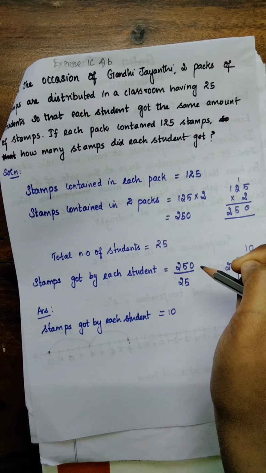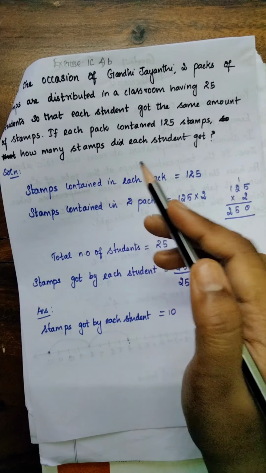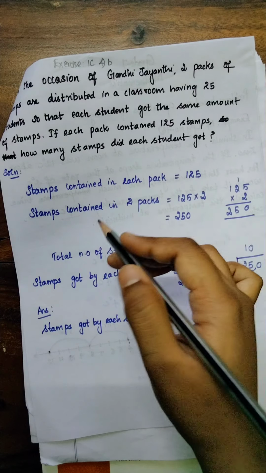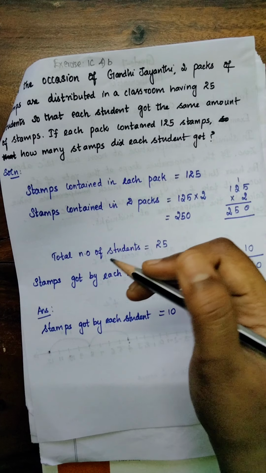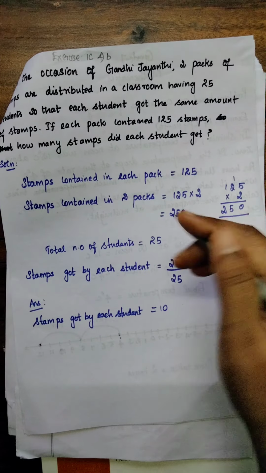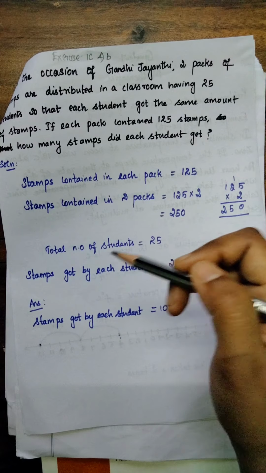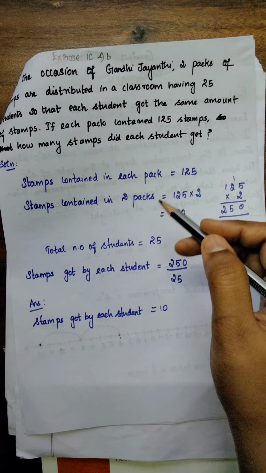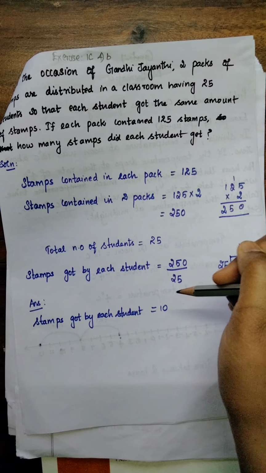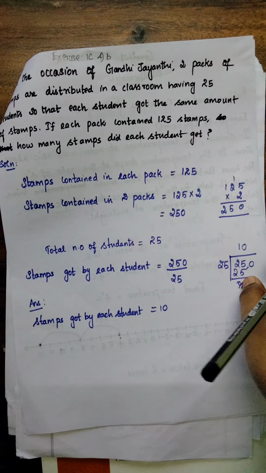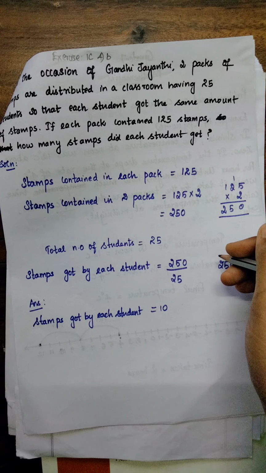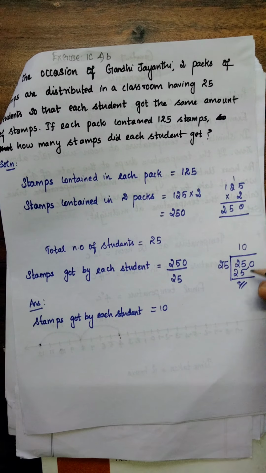When you divide 250 by 25, your answer will be 10. So stamps got by each student is 10.